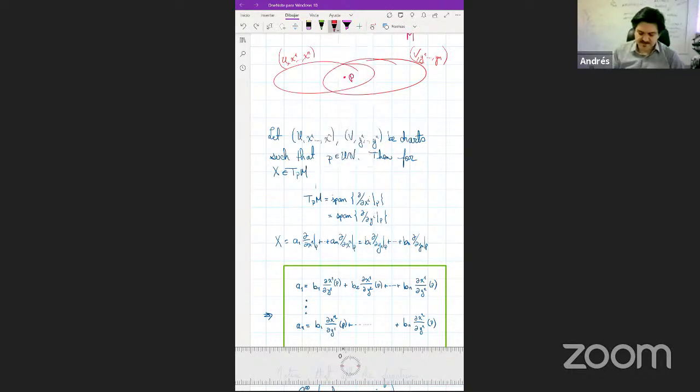Right? Because I have an equality here. So I'm evaluating on both sides by the smooth function x1.